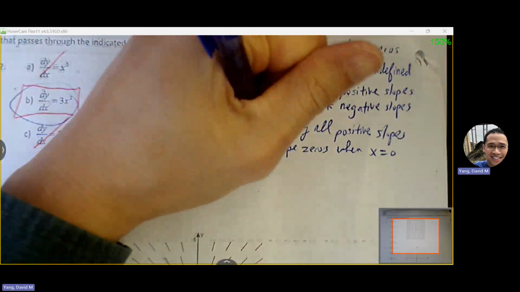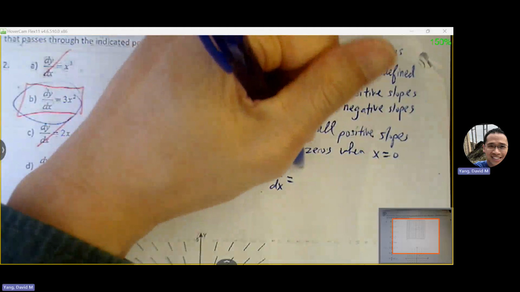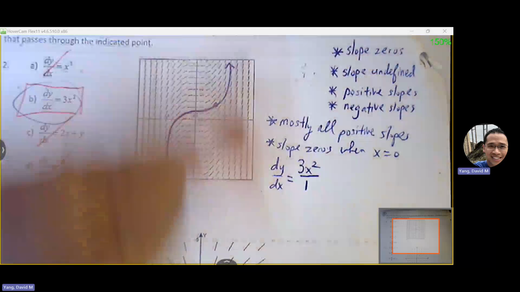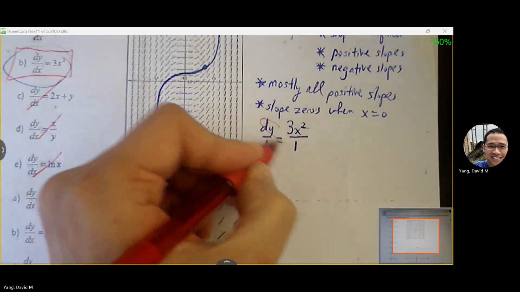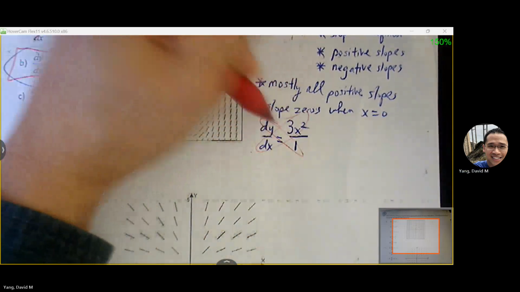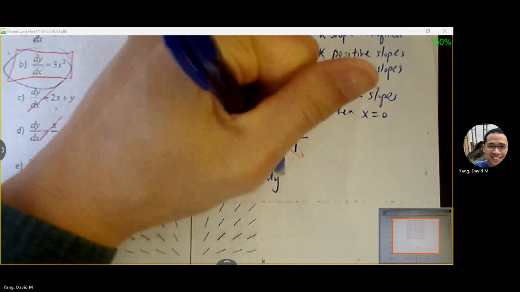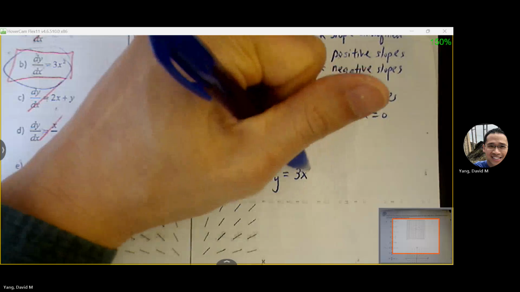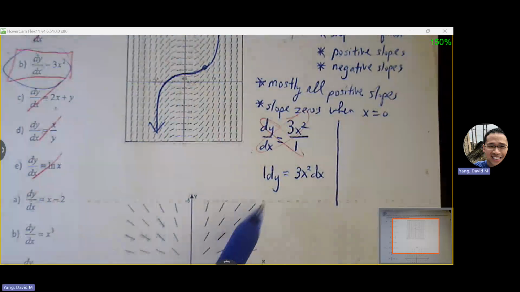All right. So let's try that. dy over dx is equal to 3x squared. I'm going to make that 3x squared over 1. I'm going to force a 1 below. I'm going to go through my process of separating variables, cross multiplying. Okay, cross product. 1 dy equals 3x squared dx.